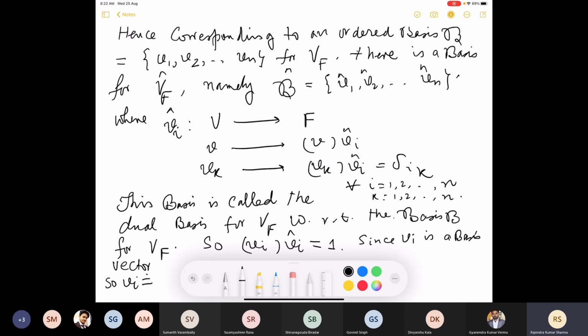So Vi is not 0. So here is a vector which is not 0, but its image is 0.